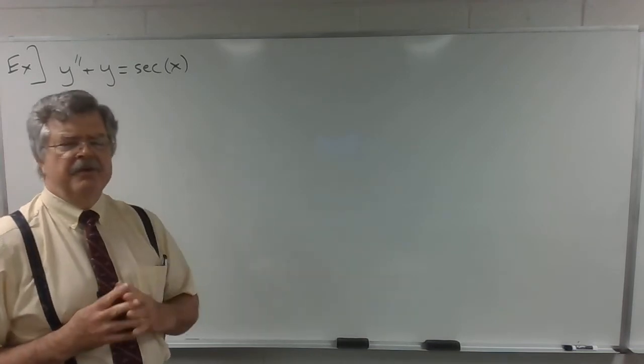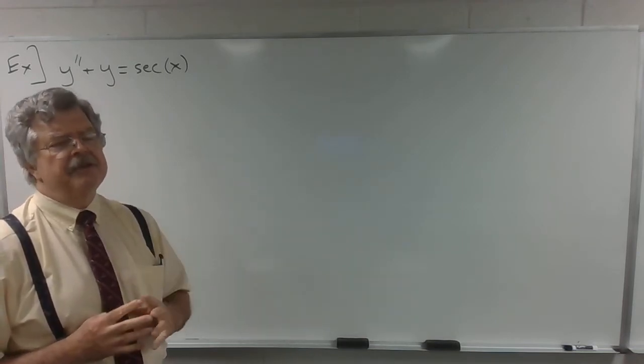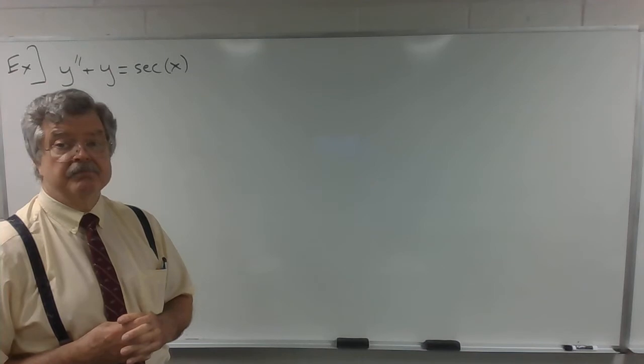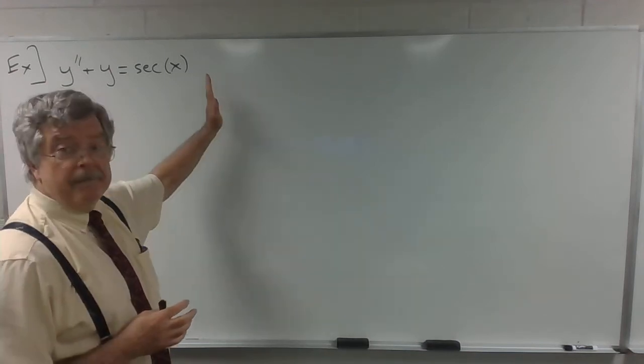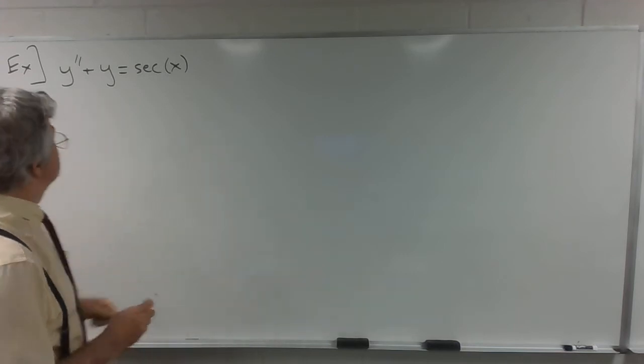If we were doing undetermined coefficients, the first thing that we'd want to do is find the complementary solution. Well, that's exactly what we do when we use variation of parameters.